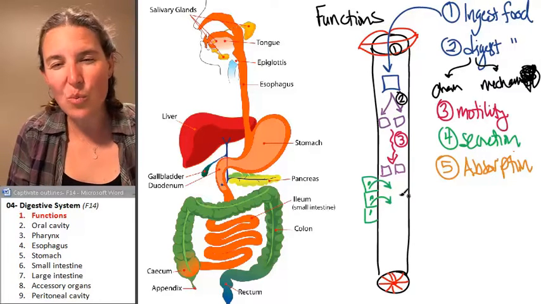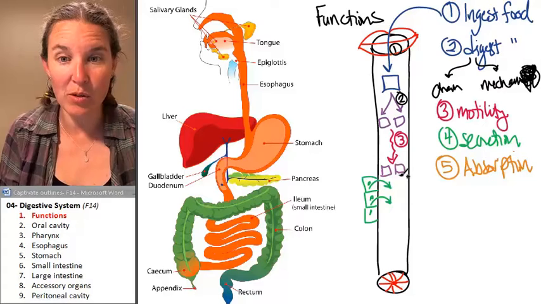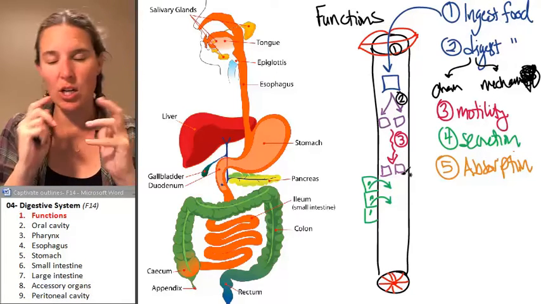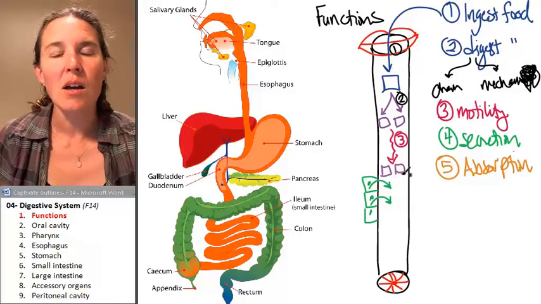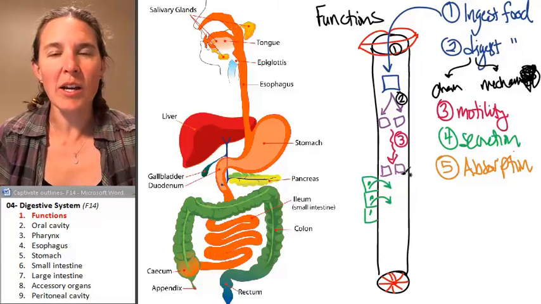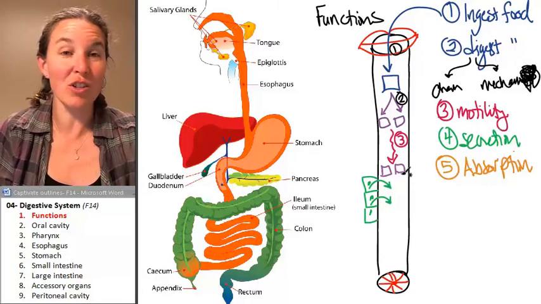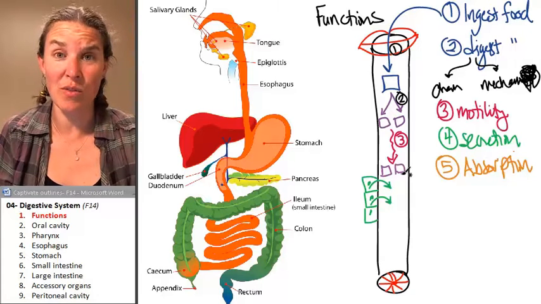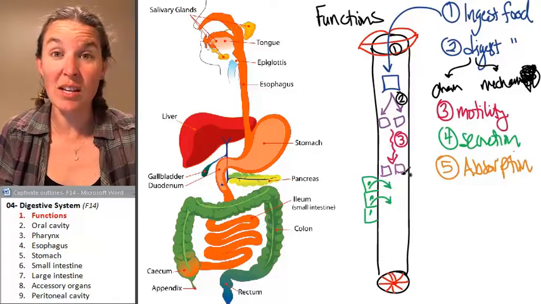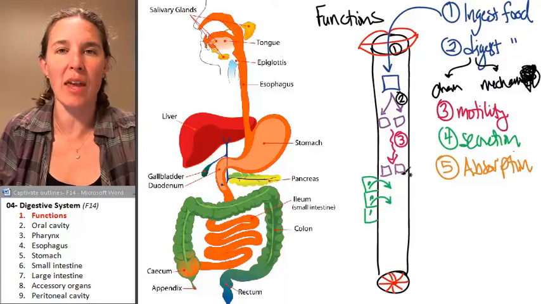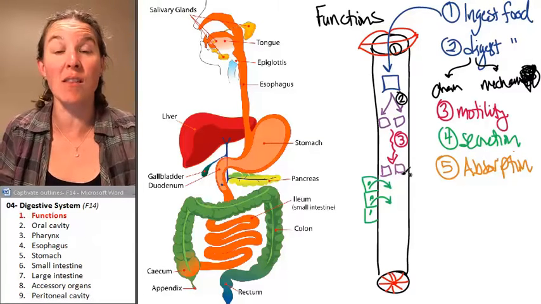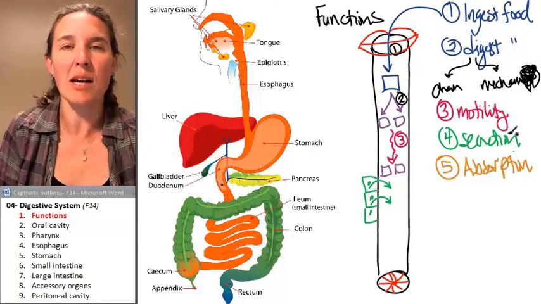So once you break down your chemicals, your food, it gets digested into smaller pieces. What is the point of breaking it into smaller pieces in the first place? Well, your cells actually cannot use the hamburger directly. Your cells have to use the molecules in the hamburger. They can't make energy that you can use out of an entire hamburger.